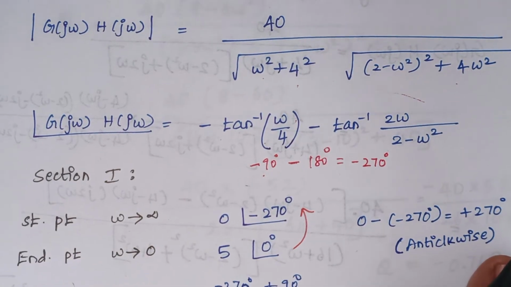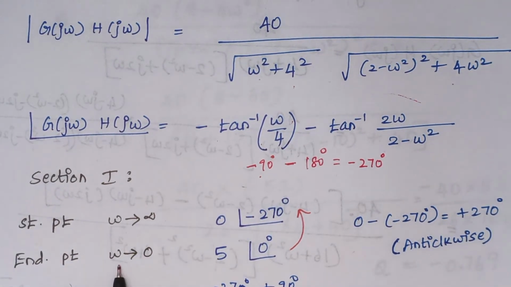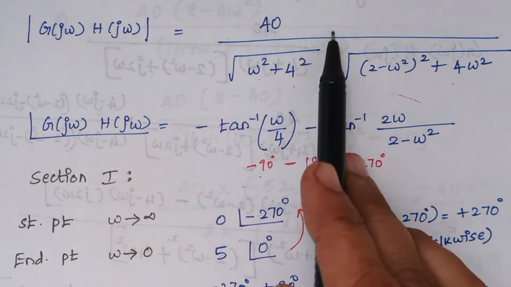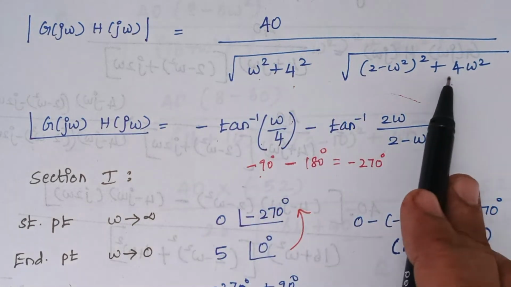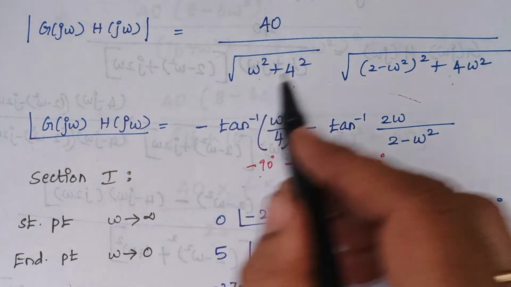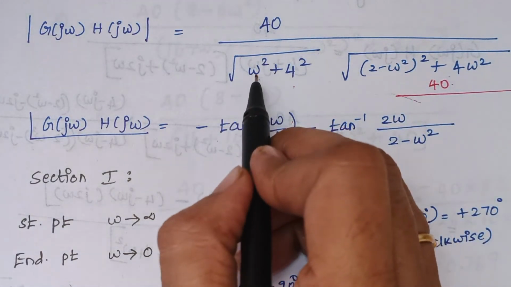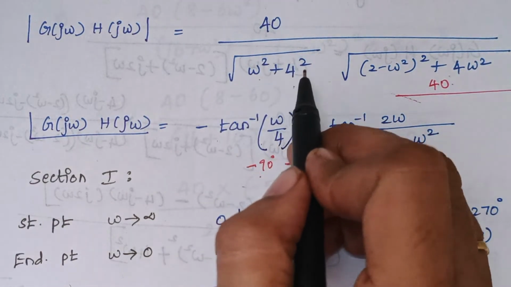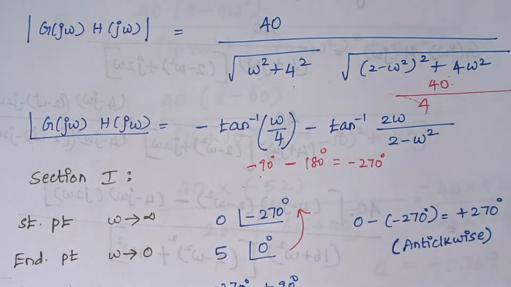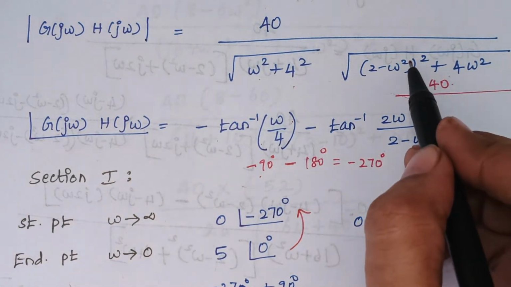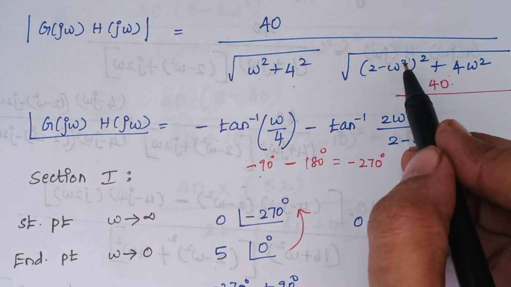And the next thing is, now we are going to substitute the value of omega as 0. So when you substitute the value of omega as 0, what happens? You see this 40 again divided by omega is 0 here. So the square root of 4 square is nothing but 4, right? And here again this omega becomes 0, right?